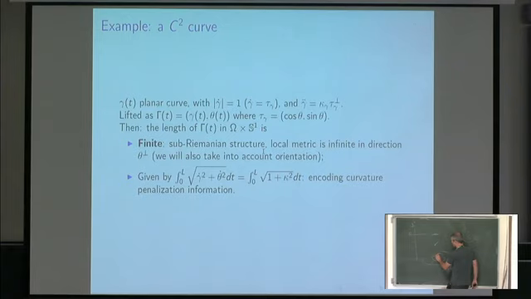So the idea is that if you have a tangent vector here, you lift it with an angle theta. This is theta. So the new curve is something like this. And the new parameter here corresponds exactly to the tangent of the projection.